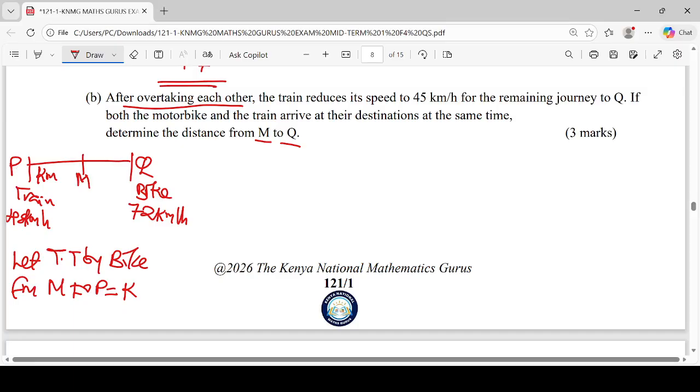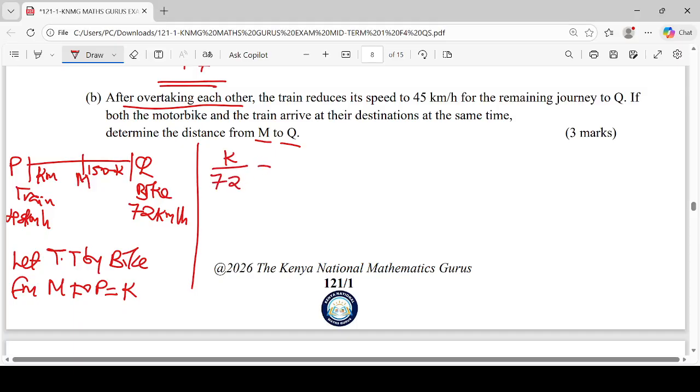The total distance from P to Q was 150, so M to Q will become 150 minus K. The time taken by the motorbike to cover K kilometers will be K over the speed of the motorbike, which is 72.